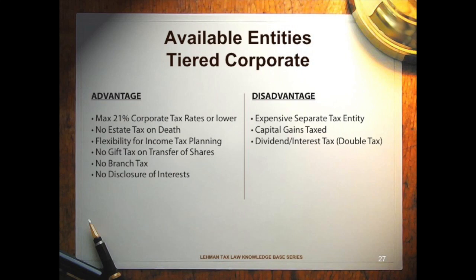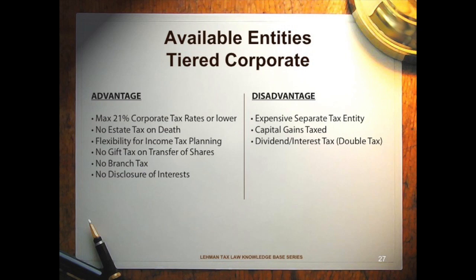And then they will open a United States corporation that is owned by that foreign corporation. And that allows them to eliminate any exposure to the branch tax. So you have, by having a tiered corporation, a foreign corporation that's the 100% owner of a U.S.